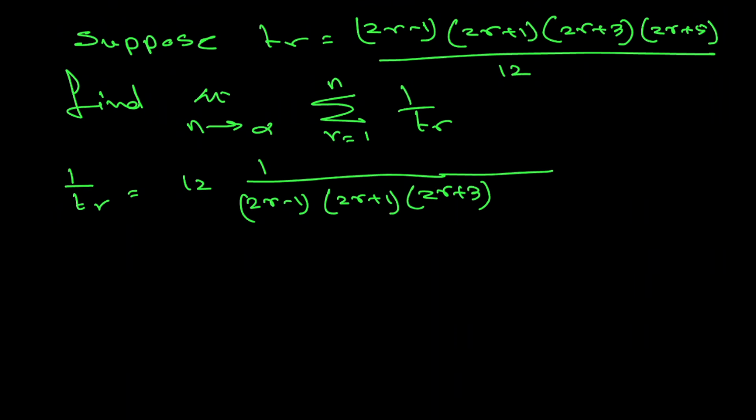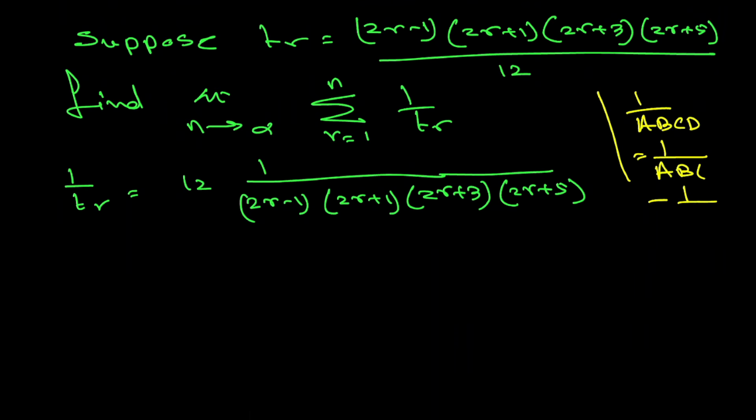We are seeing that the common difference is coming to 2. So (2r plus 5). Okay. So this is in the form of 1 by a, b, c, d method. So without thinking any matter, I am just separating this as 1 by abc minus 1 by bcd. So if I separate this, we are getting 1 by 12.